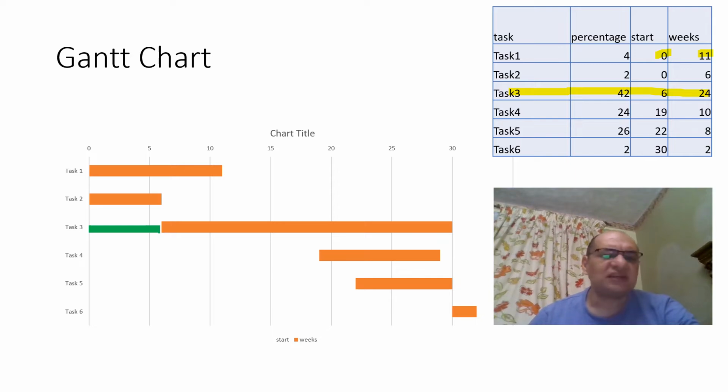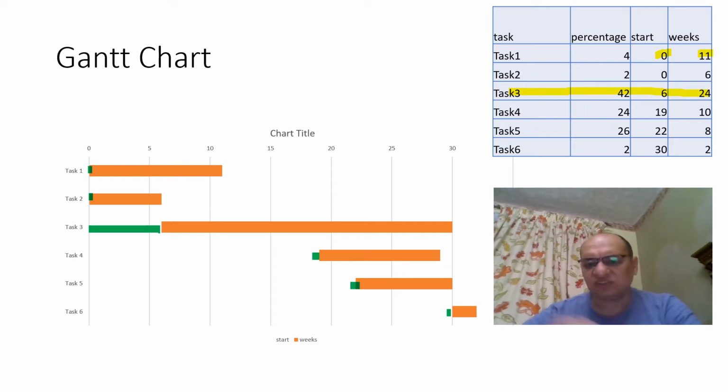This is the second part. There is one missing series here, and at the end we can just make this series transparent. So we have the second series, which is weeks, and these weeks 11, 6, 24 are drawn from different starting points.